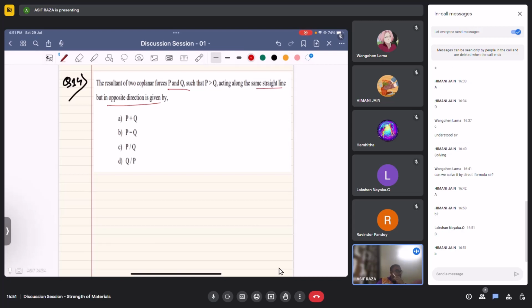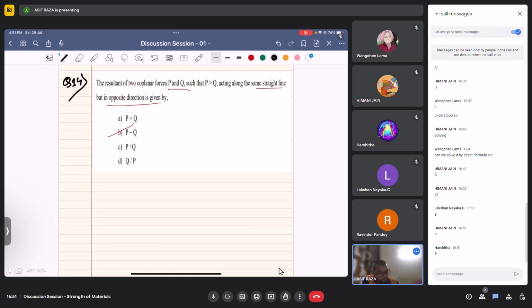Two of them have given the answer as option B. Ashita has also given option B. Okay. Most of them have given option B. Yes, it is the correct answer. Let's see through the working.